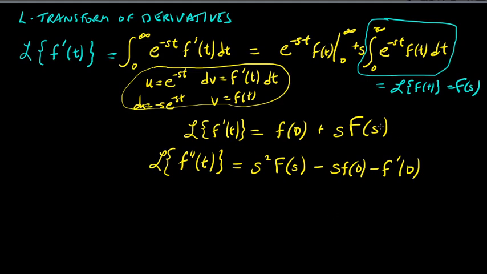And now I realize my mistake. There's another mistake here. Remember, this is 0 minus f of 0 up here, so there's a minus sign in front of the f of 0. Because of that, maybe I'll just write it all over again. So the Laplace transform of the derivative of f is going to be s times F of s minus little f of 0.